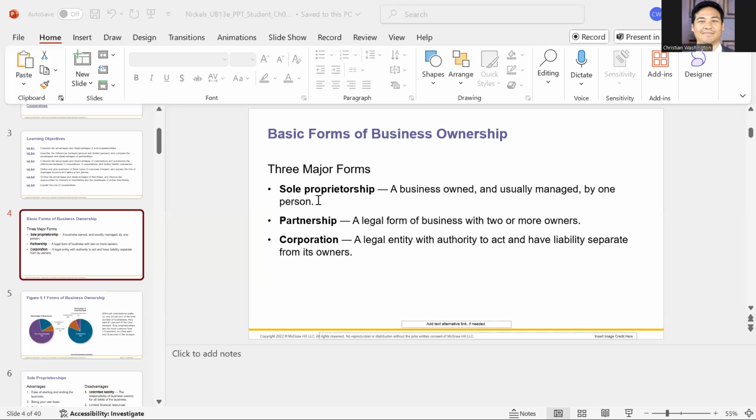The important thing is anyone can start a sole proprietor, which means you can start your own business. You can begin to get wholesale products. That means that if you wanted to start buying things wholesale, if you want to start selling things, you could do so as a sole proprietor. You don't need anything fancy.